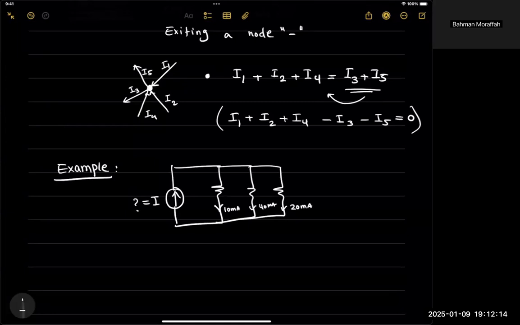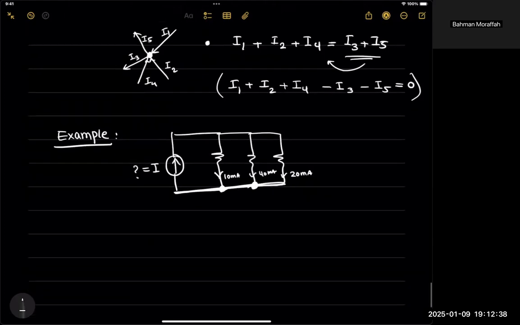Again, this is my node. What I have down here is my node because that's a portion of the circuit that connects a bunch of elements, right? And if I look at this and ask, how about these two? Are they different nodes? The answer is no, because there's no potential difference between these two things.